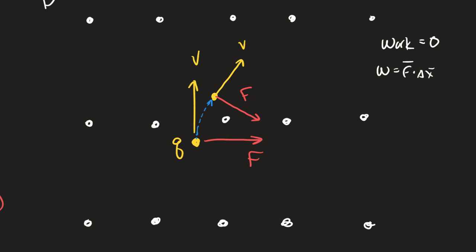This is why a particle moving through a magnetic field will almost immediately begin moving in uniform circular motion. A free particle traveling through a magnetic field will almost immediately begin moving in uniform circular motion.